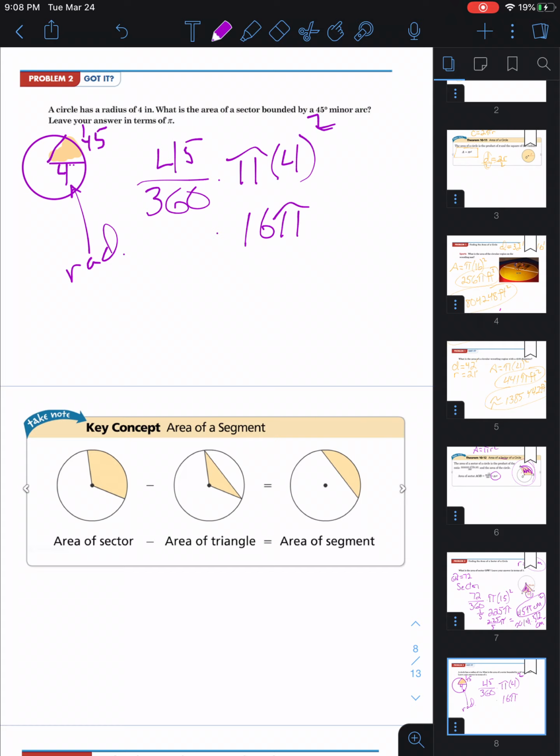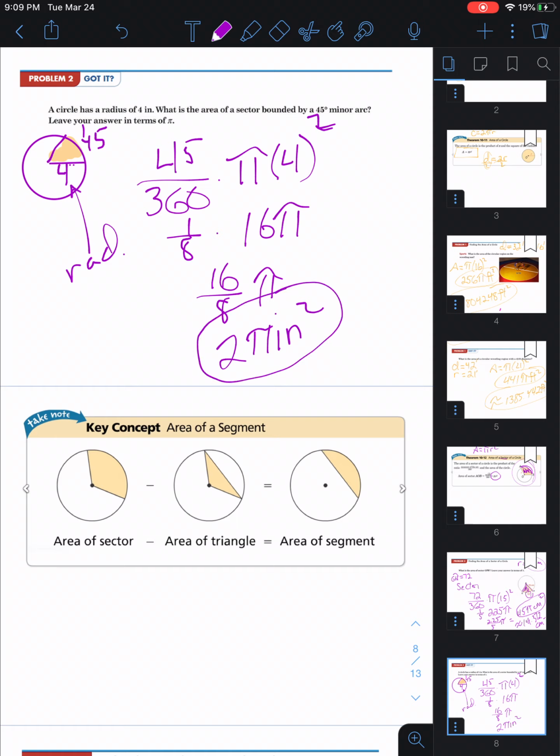And if you took 45 and divided it by 360, you're going to get 0.125, or it's actually 1/8. And 1/8 times 16 would be 16 divided by 8 pi, and that's 2 pi. And our measure was in inches, so that's going to be inches squared.